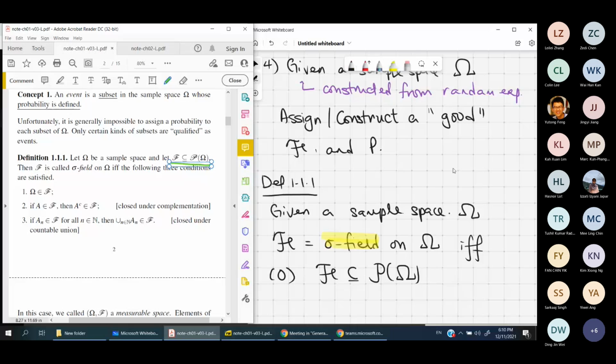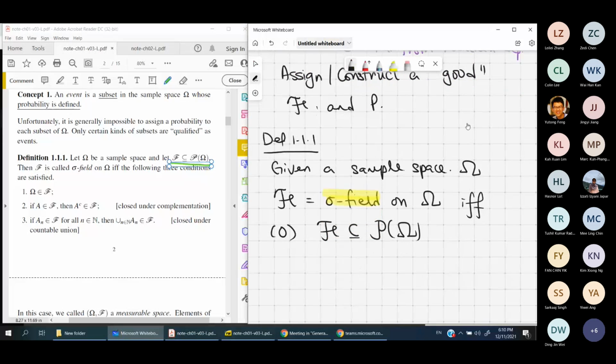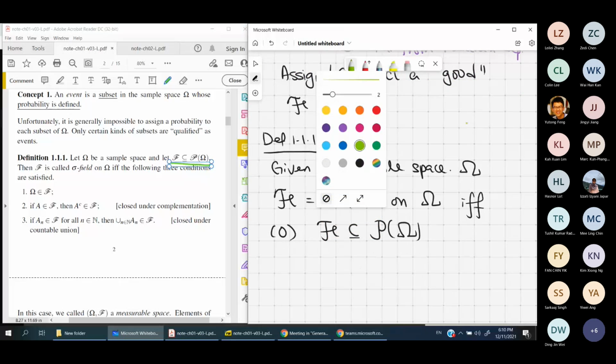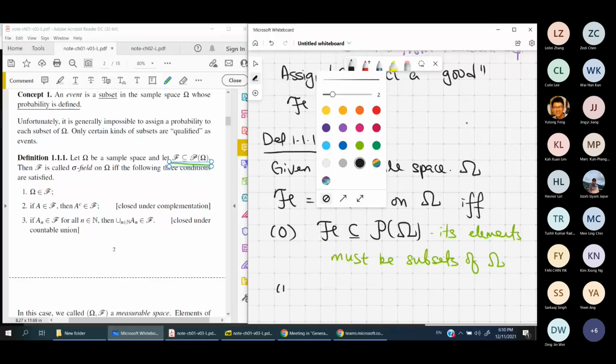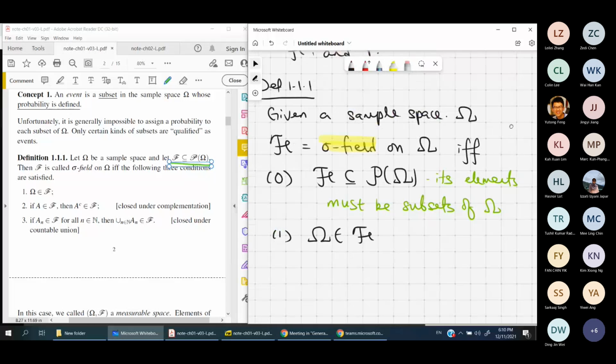So that's the first criterion. Then you come to our standard one. Next, omega must be one of the elements inside our F.